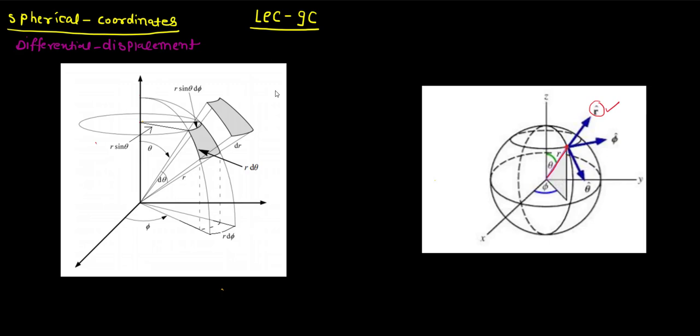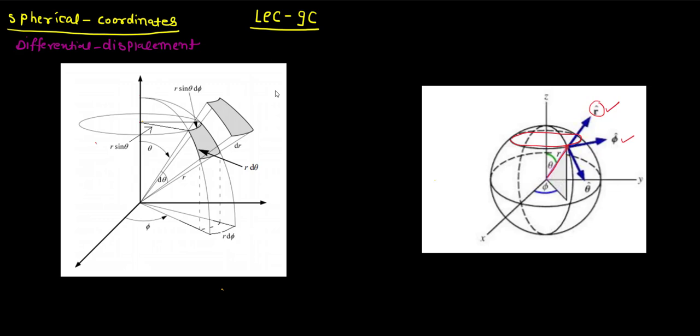Now the direction of phi cap was the tangent to this horizontal circle. Okay, so I will call this horizontal circle for now, just to make this understandable.